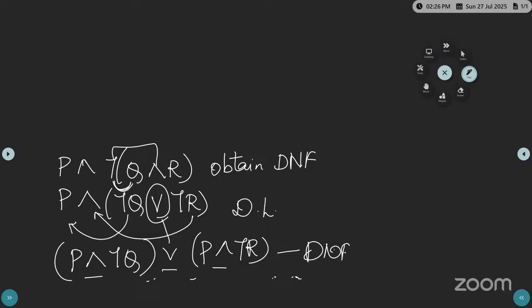P implies Q and Q implies R. Obtain the DNF of this one. Faster. I told you the formula. Use the formula and do it. ఇప్పుడే ఇచ్చాను కదమ్మా ఫార్ములా. ఇక్కడ ఉంది కదా.